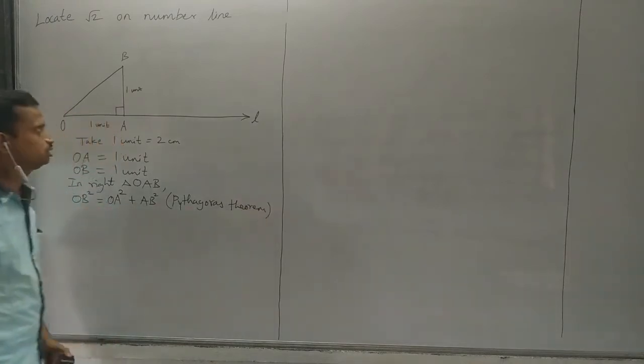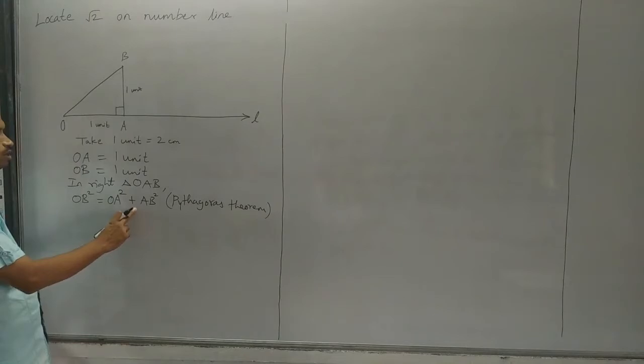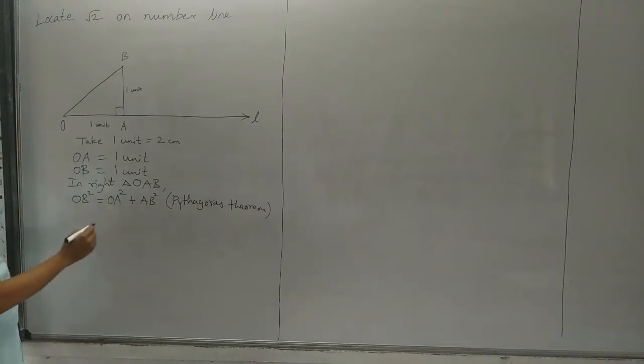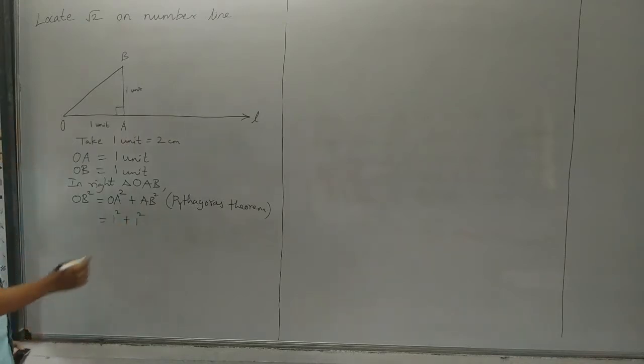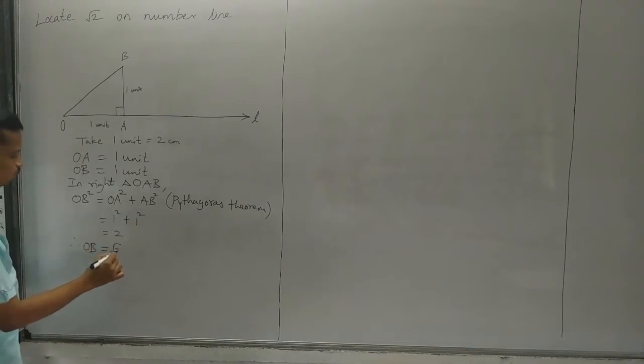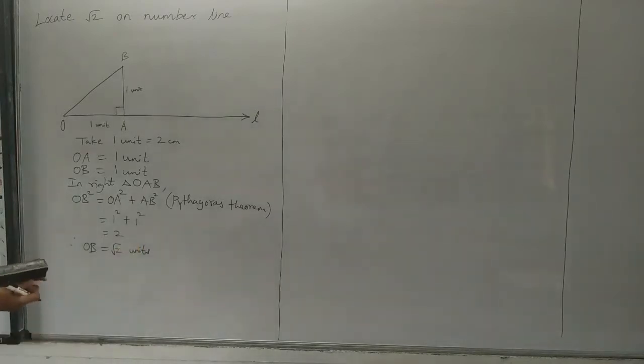By applying the Pythagoras theorem in this right triangle, we can take OB square equal to OA square plus AB square. What is OA square? 1 square, because both are 1 unit. 1 square plus 1 square, 1 plus 1, 2. Therefore OB equals root 2 units. So this is the way to locate root 2 on the number line.